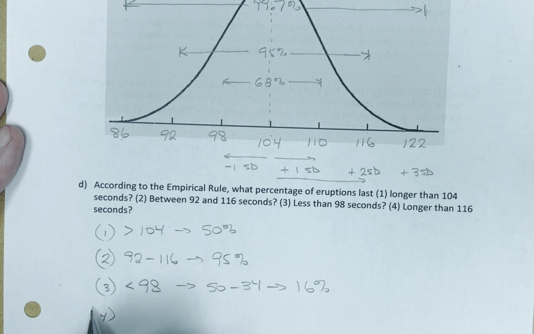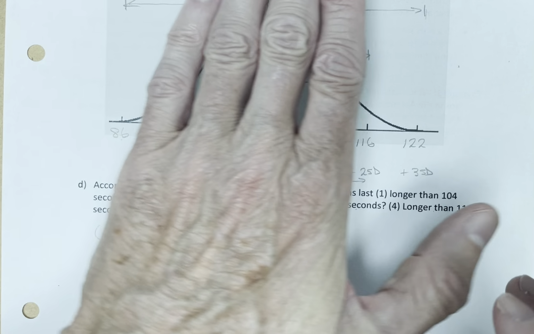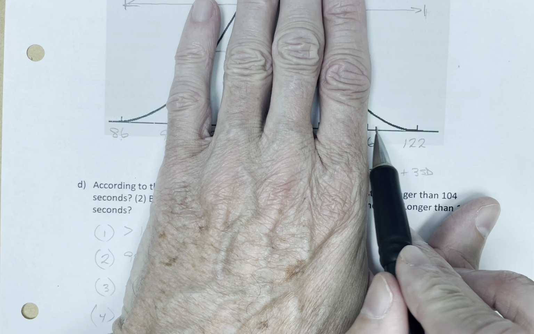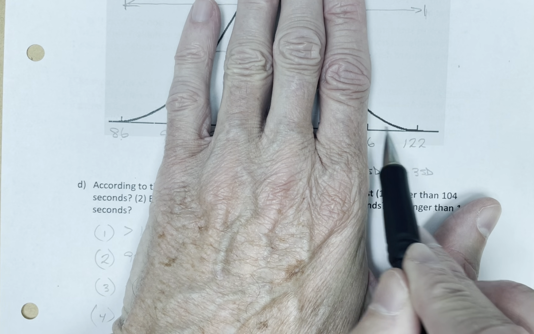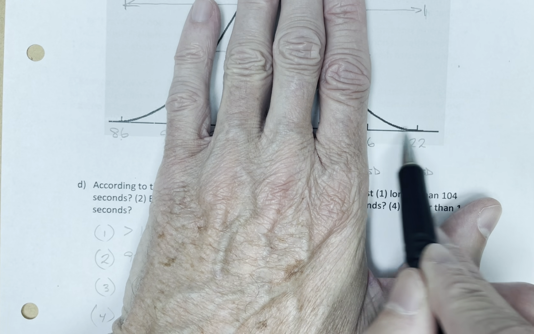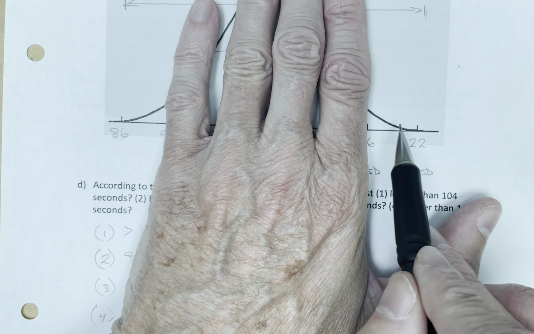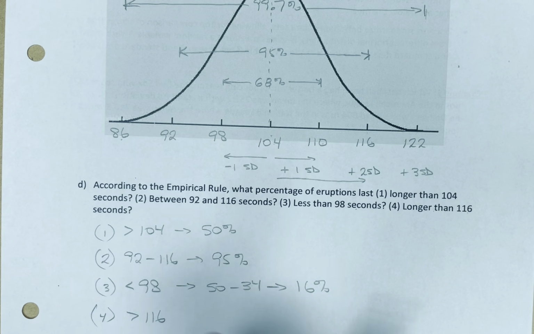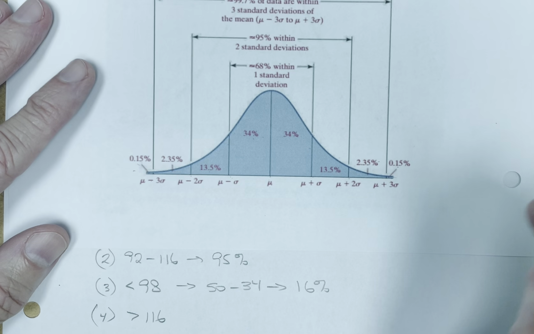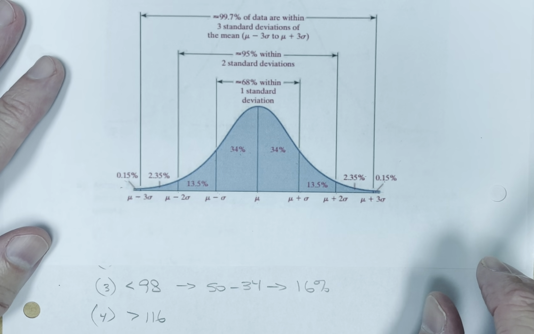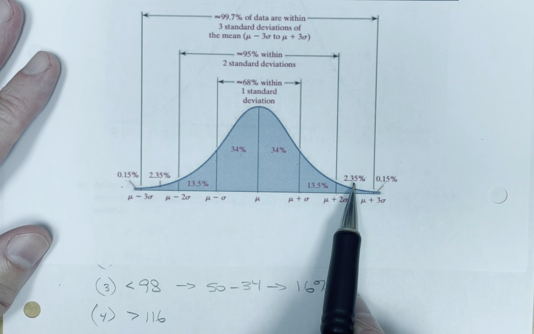And number 4. Sorry, you have to be able to see my paper. Longer than 116, greater than 116. Well, that is this small part over here. Just this area over here is the eruption times that are greater than 116. How much is that? Well, let's use this chart. This piece is 2.35.